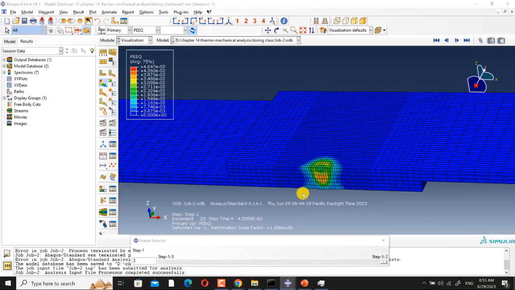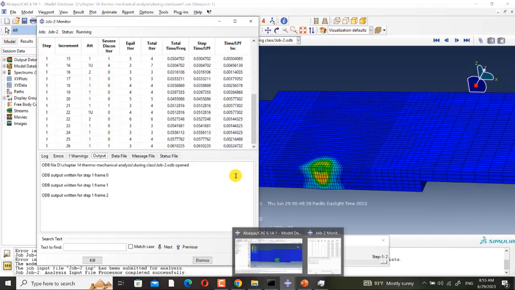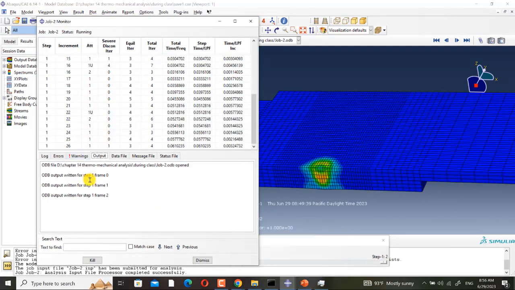You can see that it is working, and I will wait for another increment and another frame, and then I will kill the simulation to see what happens.